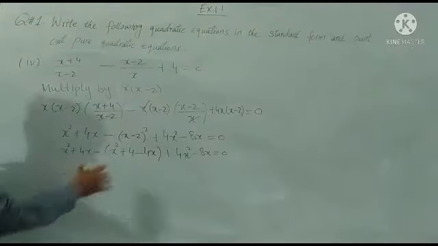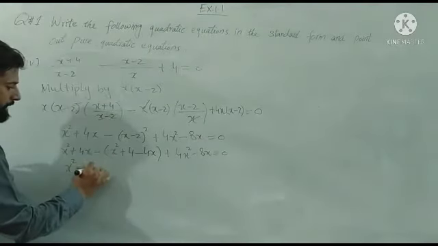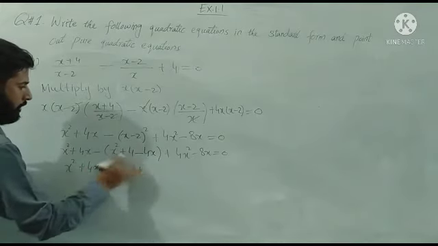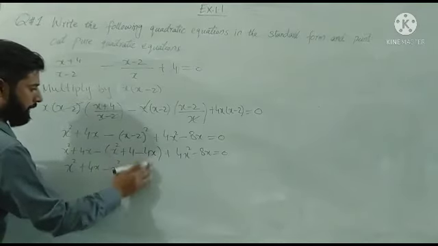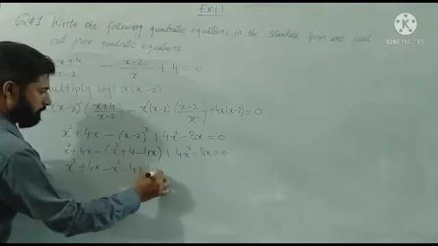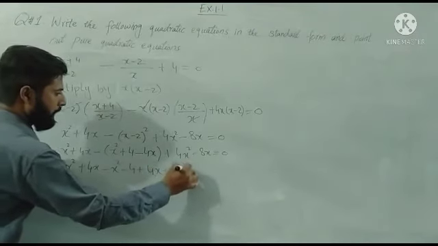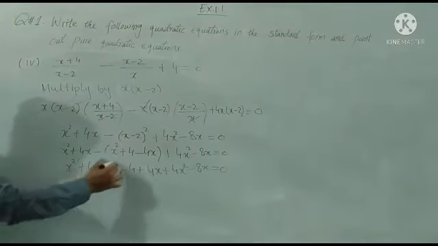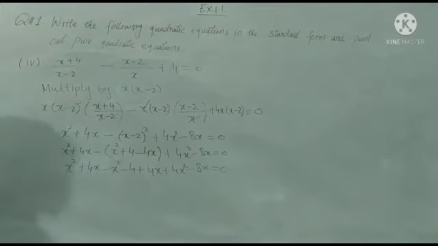Now we will open this bracket. Due to the negative sign, the sign will be changed. It will become minus x square minus 4 plus 4x plus 4x square minus 8x is equal to 0. This x square will cancel with minus x square.